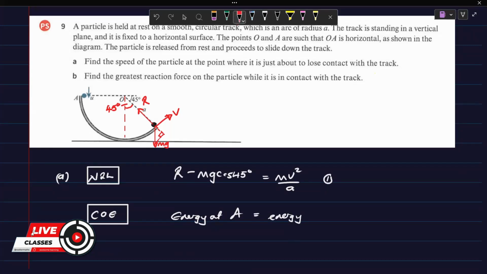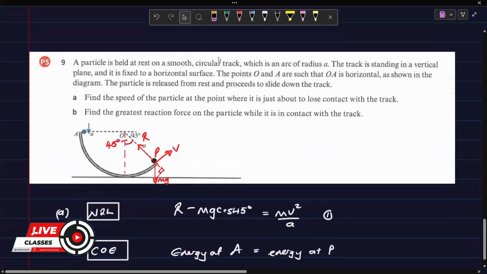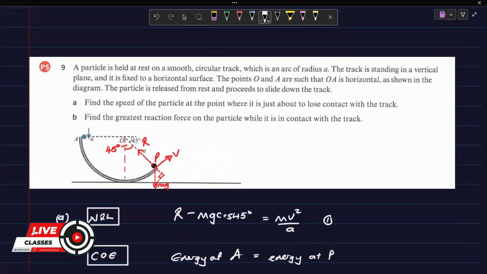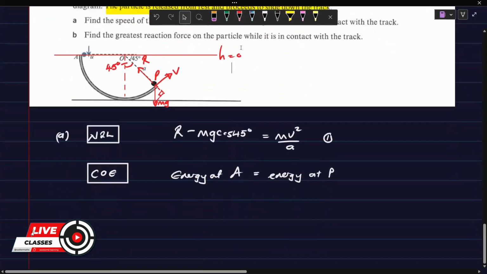I'll just call that point P. So energy at A, where the particle was released from rest. So the initial kinetic energy is 0. I'm going to take this level to be h equal to 0, so the GPE is also 0. So we're starting with 0 energy.